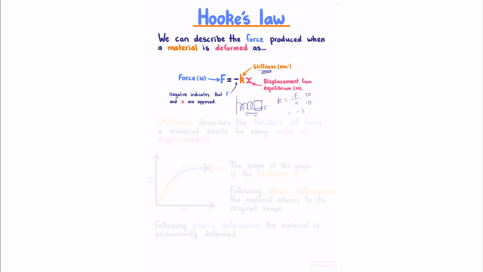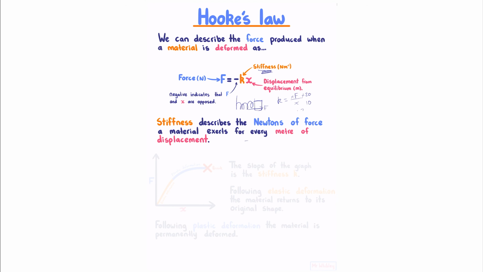The mistake we've made is that either F or x need to be negative because they're in opposite directions. And so making either of these negative, for example at 20, is going to cancel out with this negative and give us positive 2. Stiffness describes the newtons of force a material exerts for every meter of displacement.